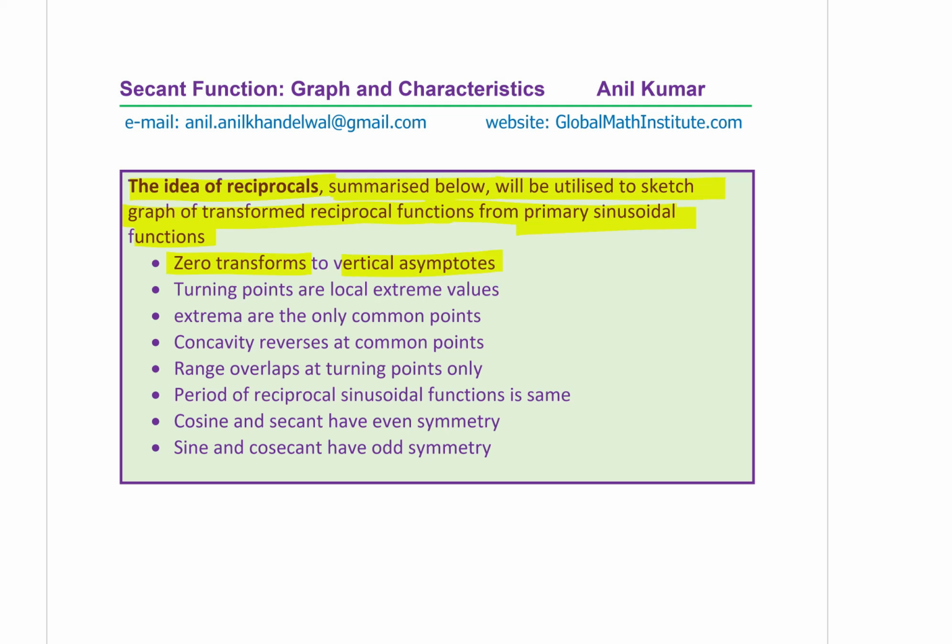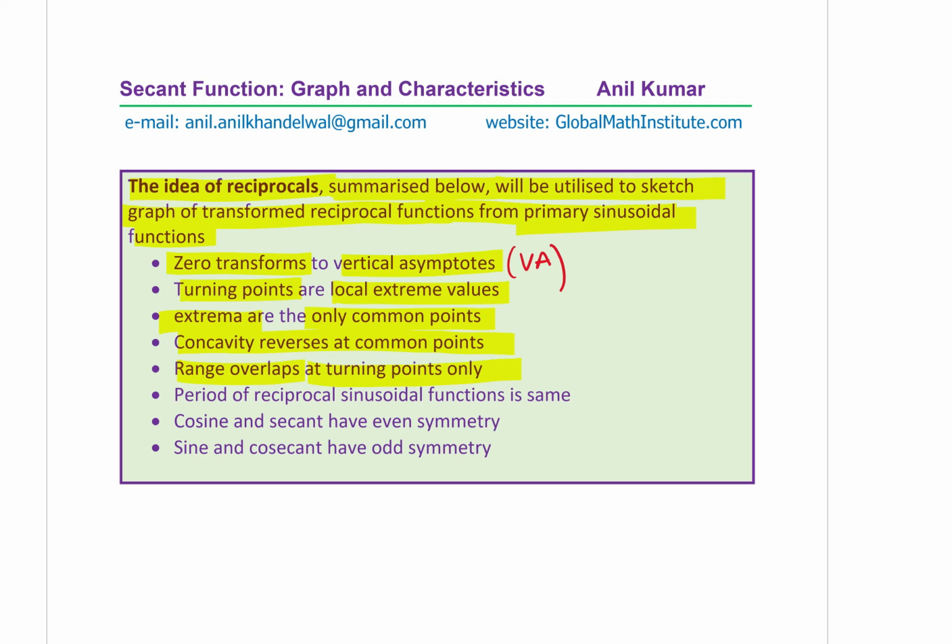For vertical asymptotes, I'll be writing VA in most places. Turning points are the local extreme values. They could be local maximum or local minimum. These extreme values are the only common points in both graphs, correct? Concavity reverses at these common points. Range overlaps at the turning points only.